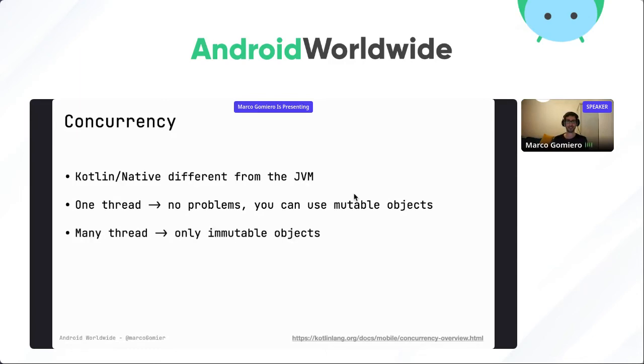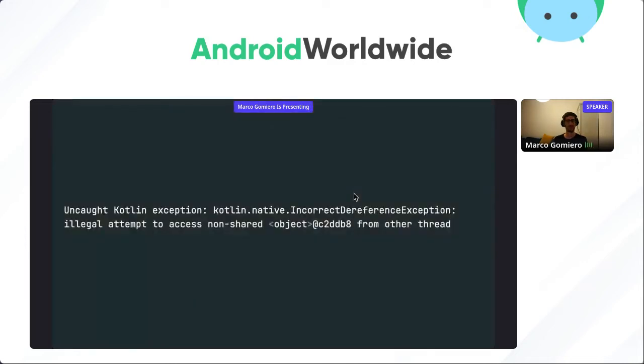But then, if there are many threads involved, you can't share mutable objects between different threads. So in order to do that, you have to make them immutable. And so probably you're going to meet this beautiful exception when you forget to make an object immutable.